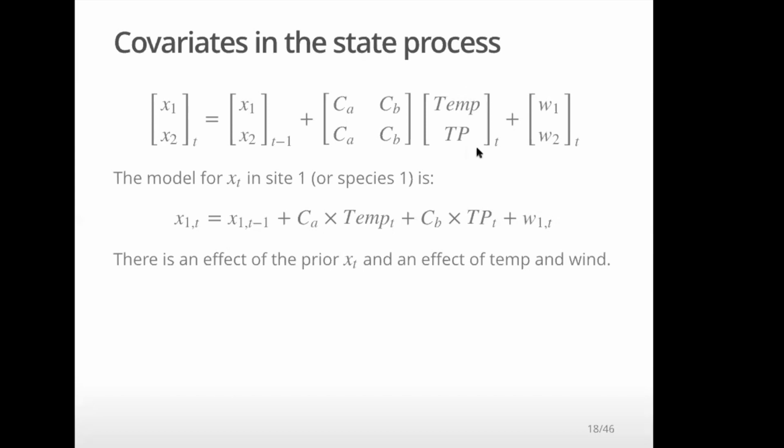So at time t, I have my measurements of those covariates, and then this is my effect matrix. You can see how it does that matrix multiplication. The temperature at time t is going to be multiplied by that, plus this by that, and that's the effect on the x1.